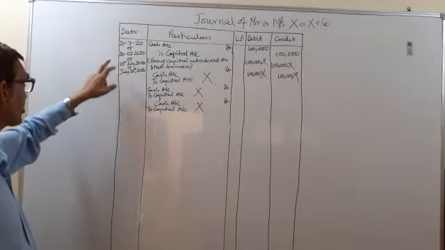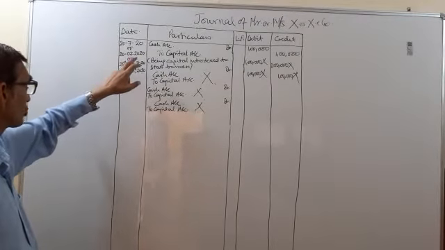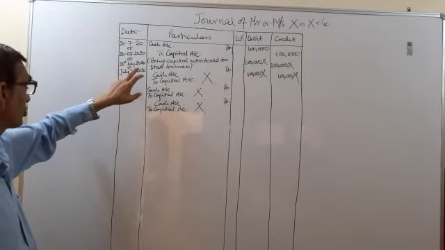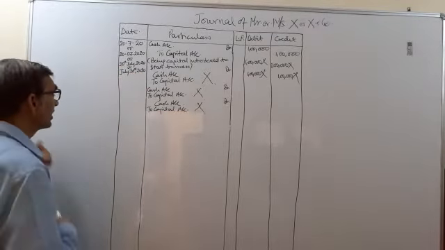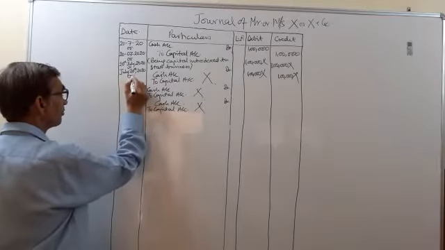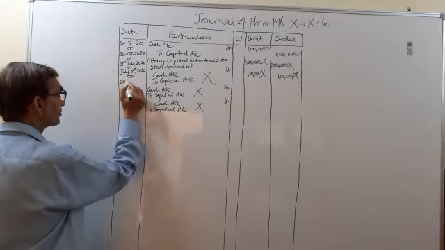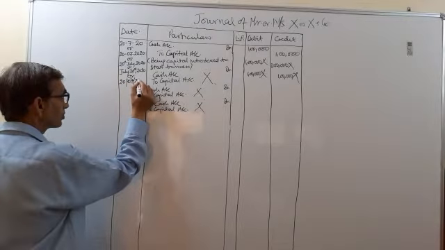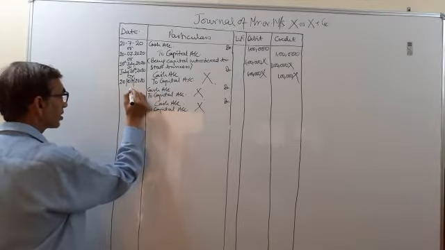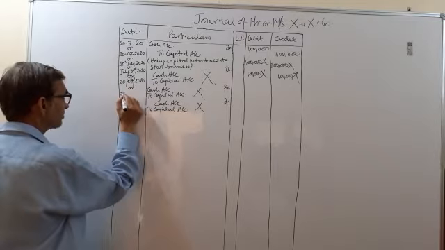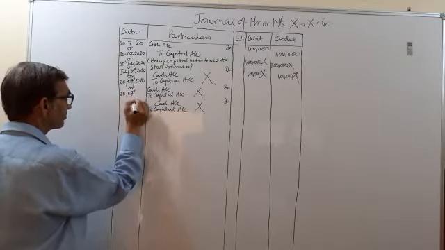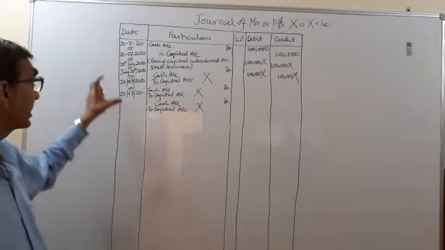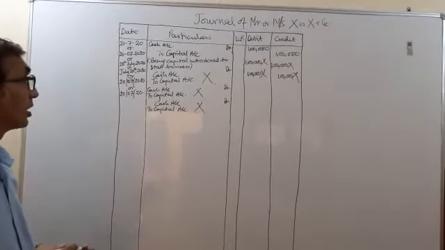Or you can write 20th July 2020 or July 20th 2020, or you can even write it in this form. As you wish, the date can be written down.